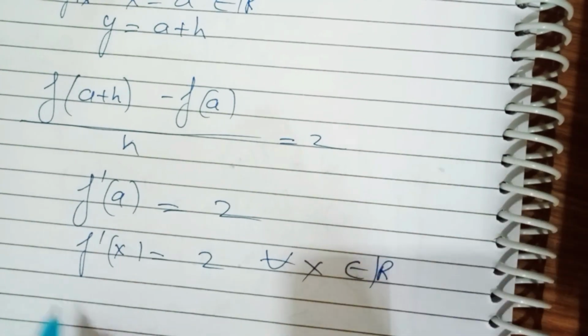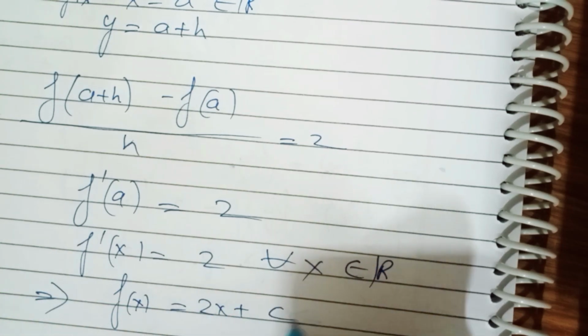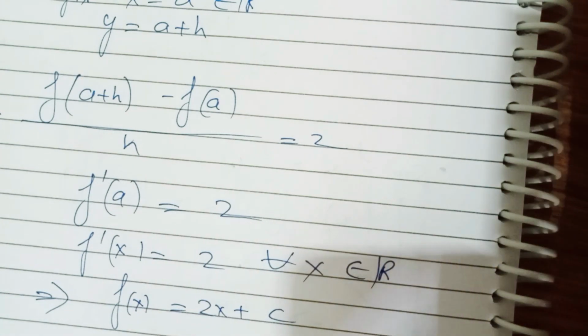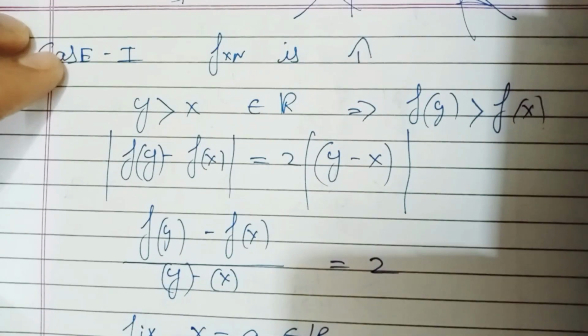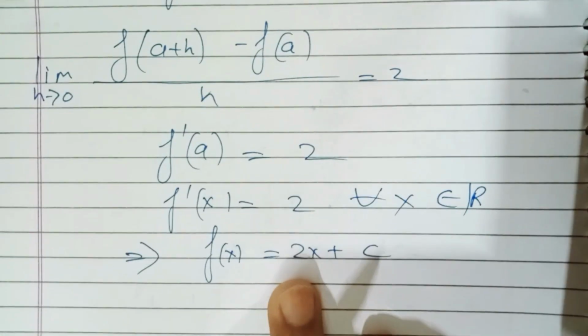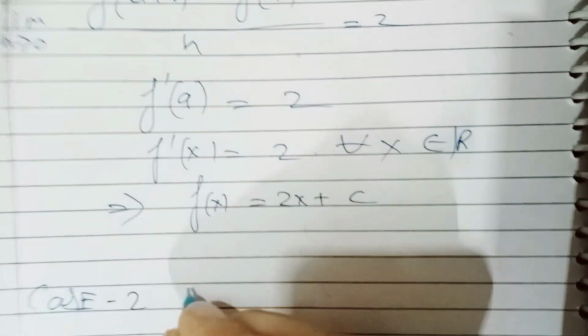So I've got one solution, one candidate. In case 1, if the function is increasing, I've got this as one function, and in case 2, the function is decreasing, I would have f dash x equals minus 2.